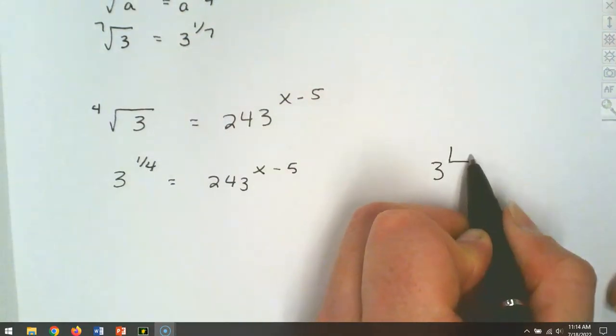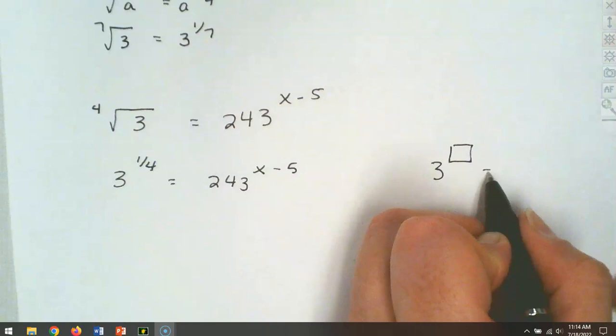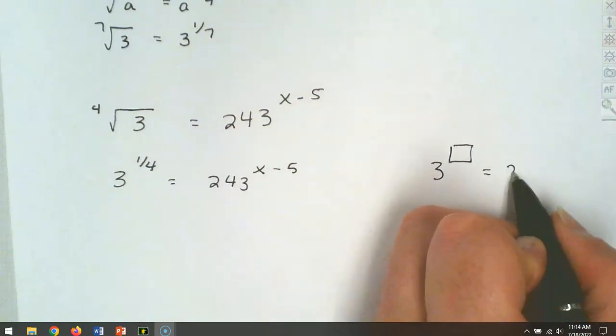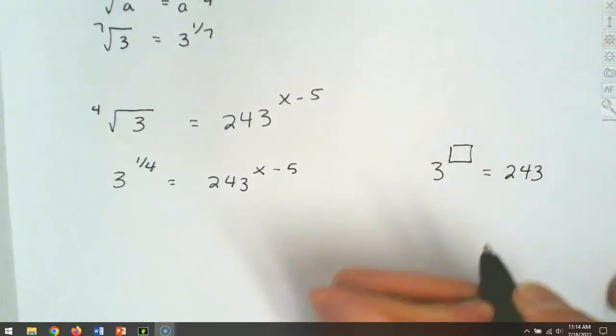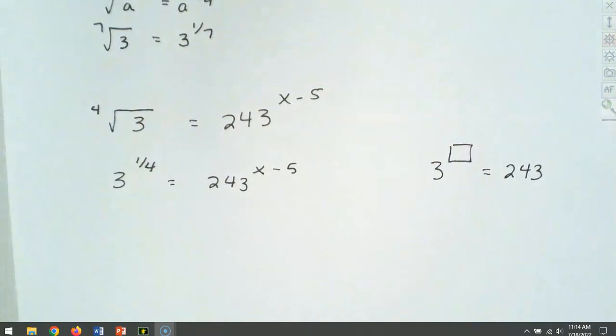And now we can just work it through with our calculator to find the power that we need. And we know we've got to raise 3 to some power to make it 243. So can someone tell me what number is going to go in the box here? 5.